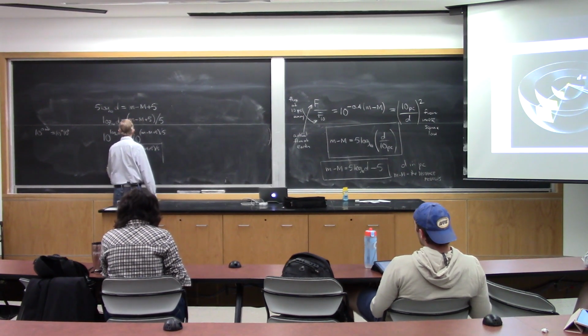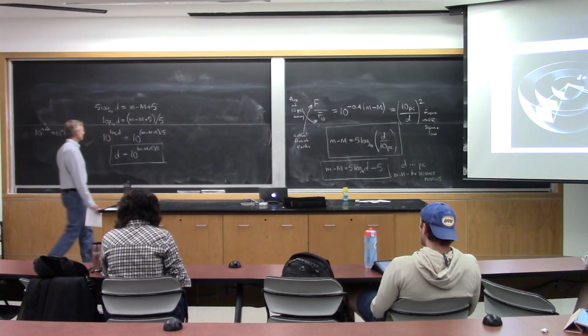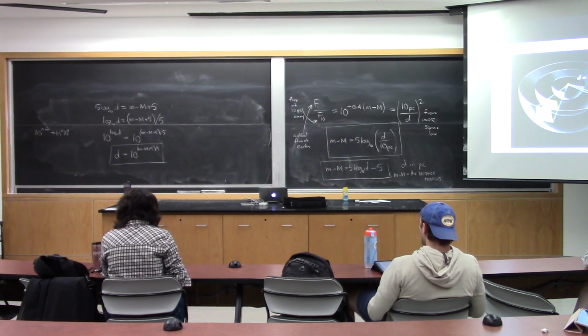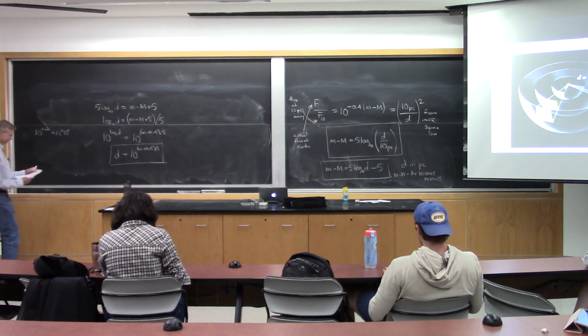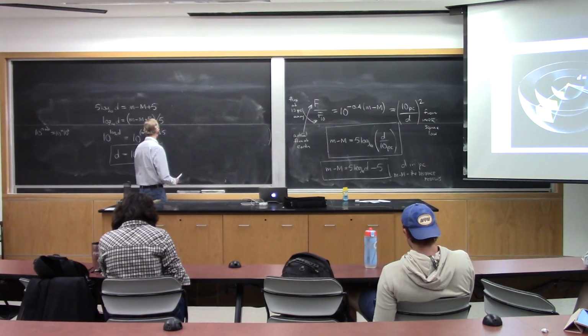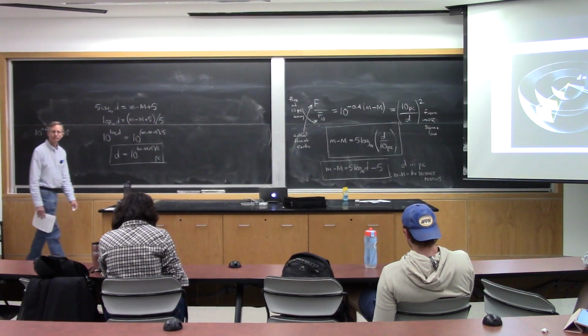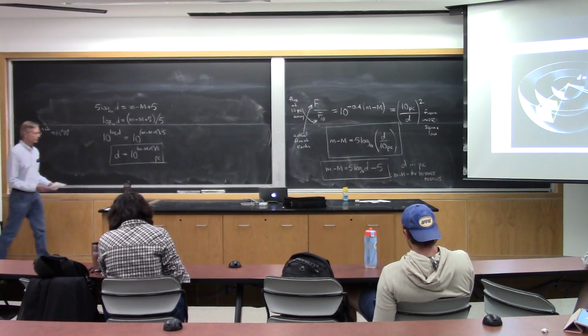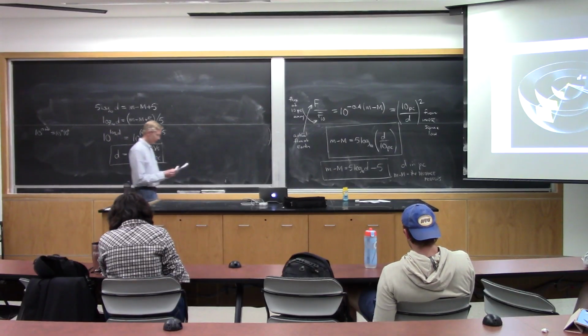Take 10 to the power of little m minus big M plus 5, divided by 5. And that'll be in parsecs when you do that, because absolute magnitudes are calibrated to distances in parsecs.